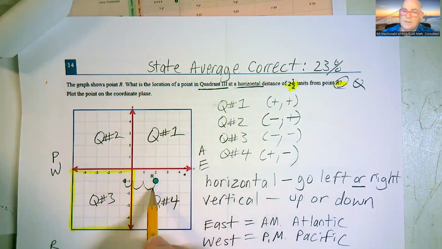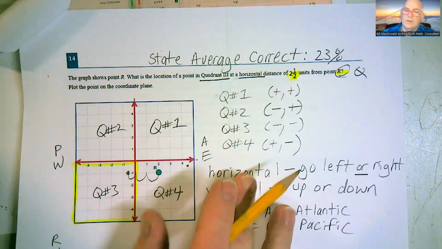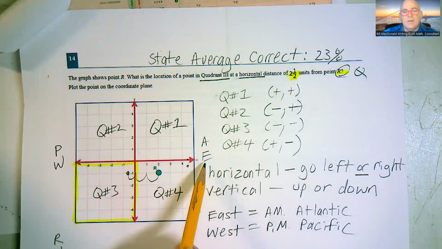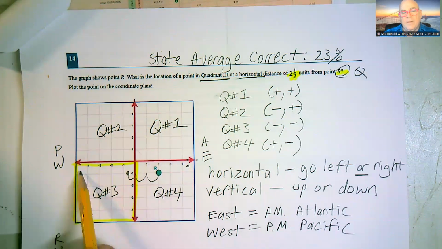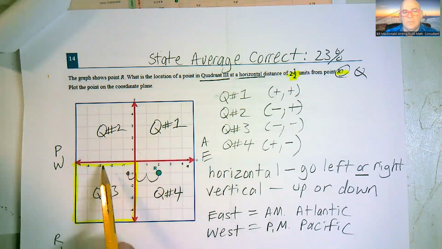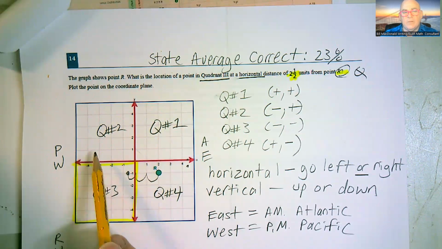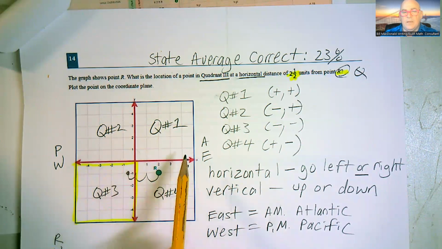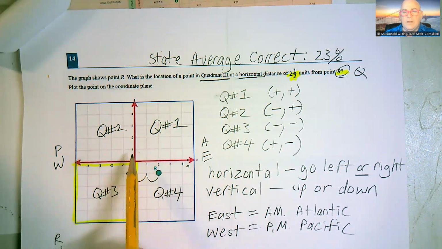So if I go, like it said, to the left, so here's my sun coming up in the east, in the AM, in the Atlantic, going down in the PM, in the west, in the Pacific. So that's the horizon there where the sun appears and disappears, okay?